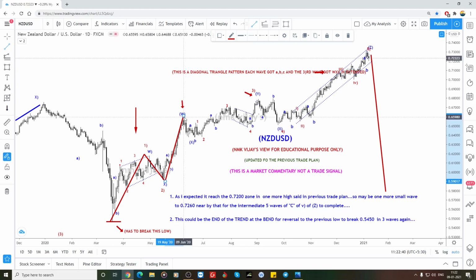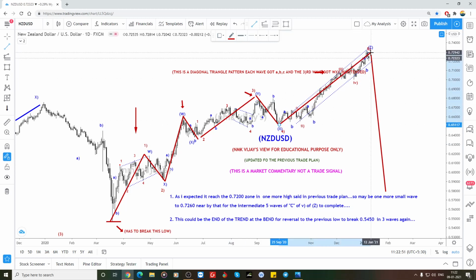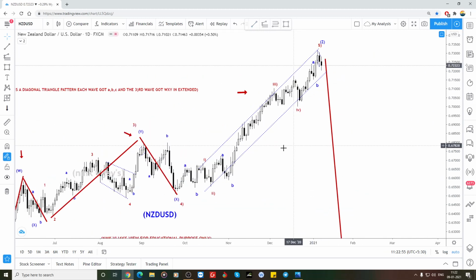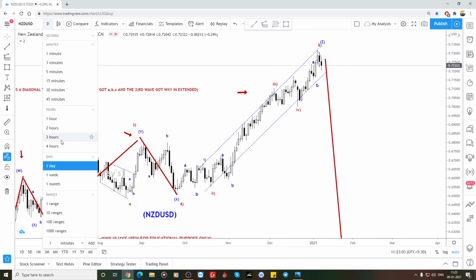And then again it's an X, and here it's a Y in the diagonal, and here is one more X for the continuation pattern, and then Z is a diagonal formation. So this is all completed. Now there is no more room. Maybe one more ABC to the higher side is also possible, what I said previously for the Australian dollar.